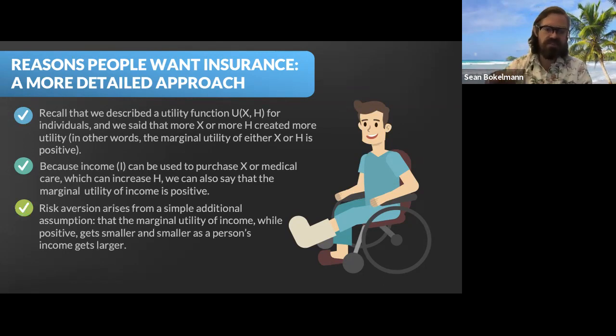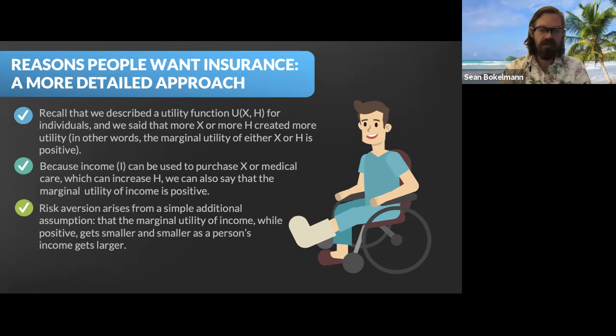And so the simple assumption that we have to make is that the marginal utility of income is positive, but while it's positive, it's also getting smaller and smaller as the person's income gets larger. So in other words, diminishing marginal utility. So it's positive, right? Marginal utility is positive, meaning utility is getting bigger, but the marginal utility is getting smaller, so that the utility function is going to be basically getting flatter.